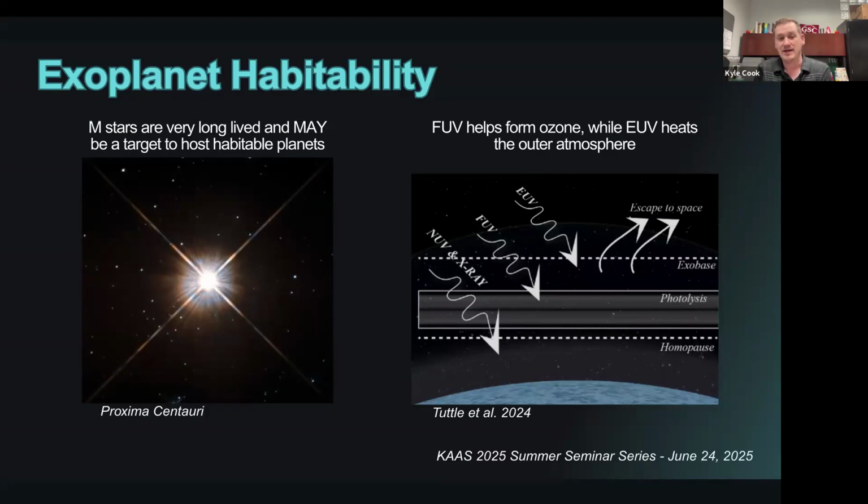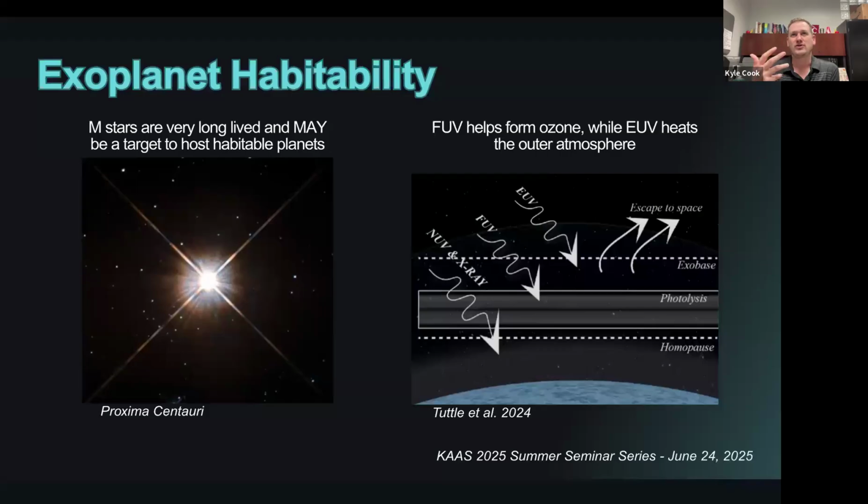However, M stars come with their own challenges. A main one is they are prone to extreme UV flares. Despite their blackbody peak being nowhere near the UV, they still put out a lot of UV radiation in very violent, dramatic bursts.